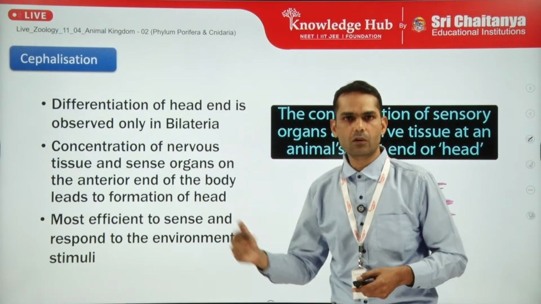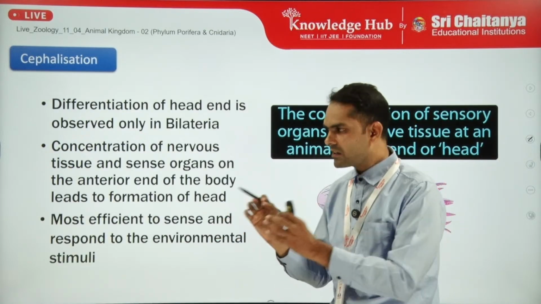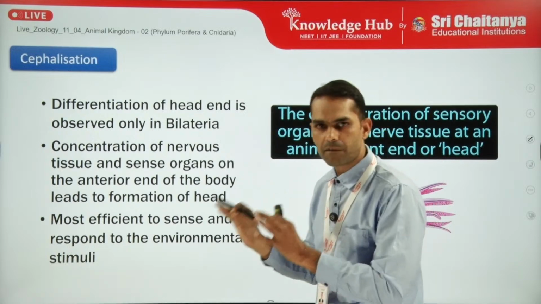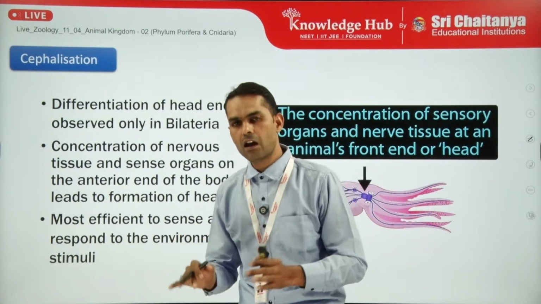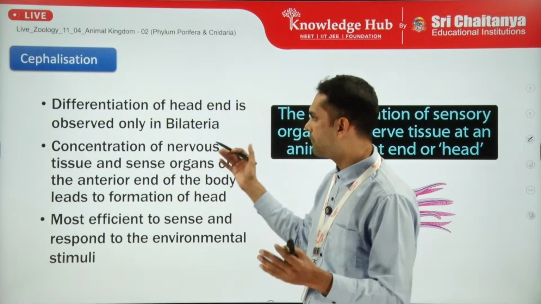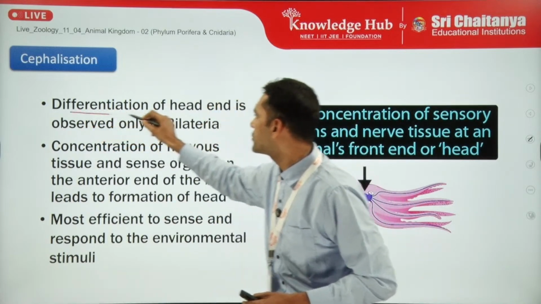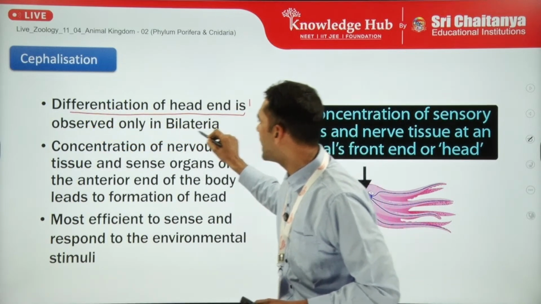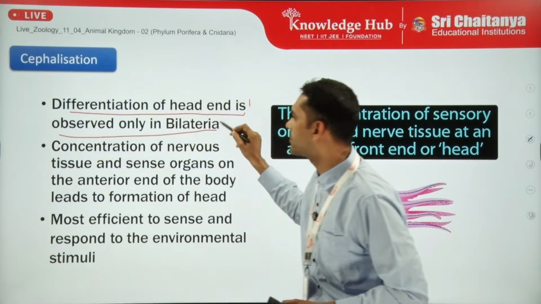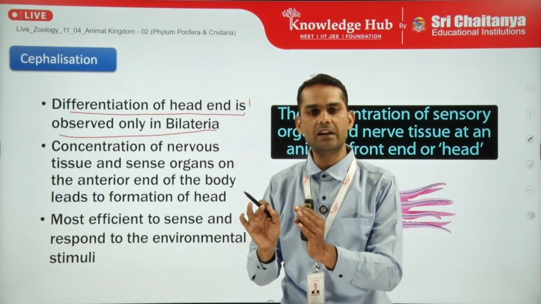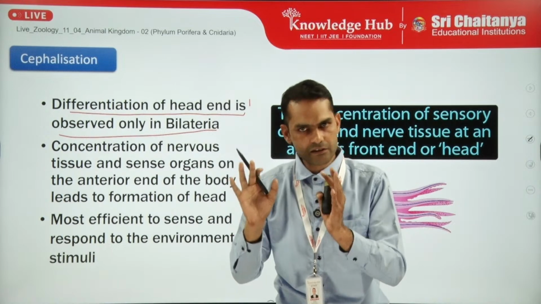With this we also introduce another basic concept called cephalization. It is the differentiation of the head during the course of embryonic development, and it is observed only in bilateria, that means those organisms which have bilateral symmetry.